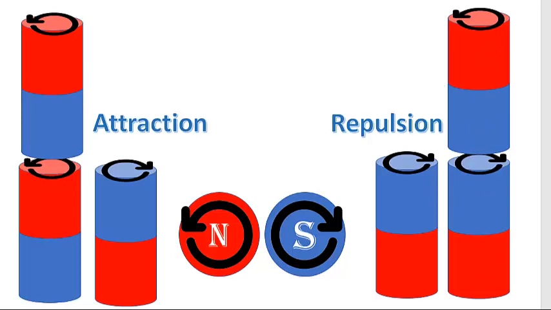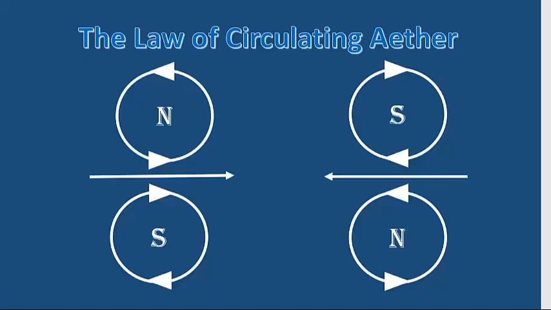And so what I did was I made a little graphic that I'm calling the law of circulating ether. It's really the law of circulating fluid, but this is an ether model, so I want to talk about the ether in regards to this model.